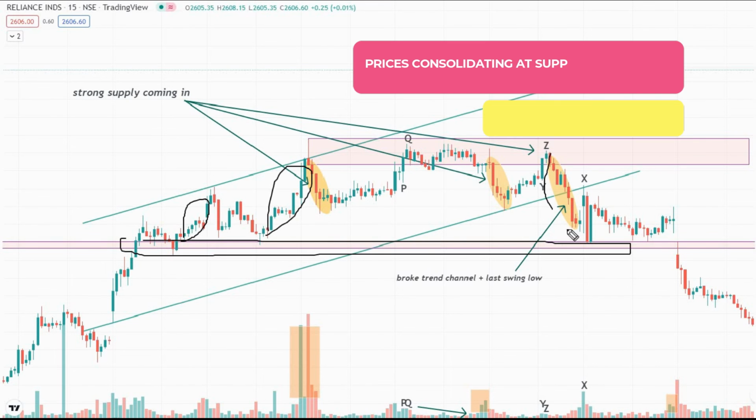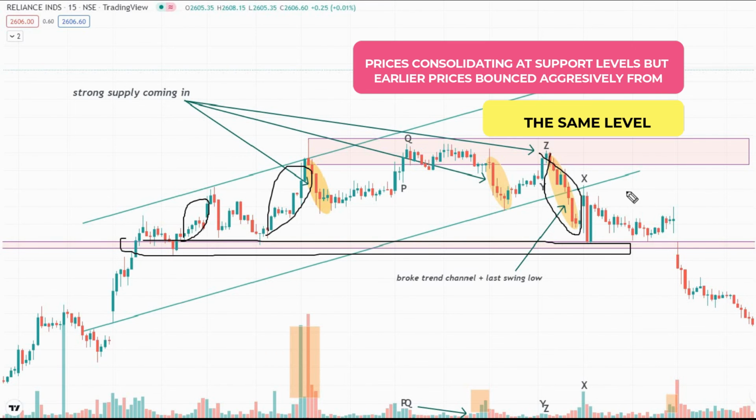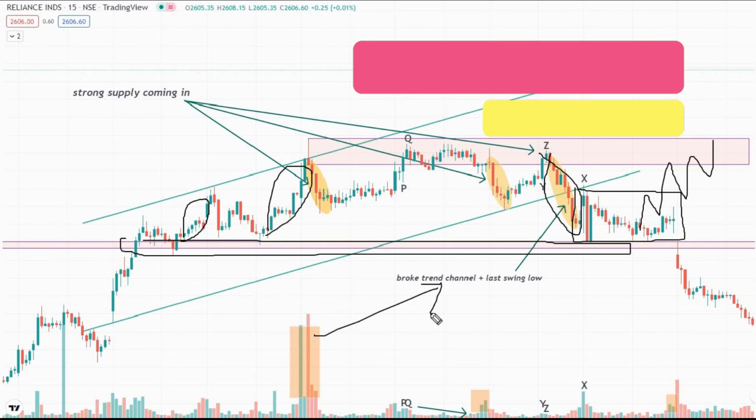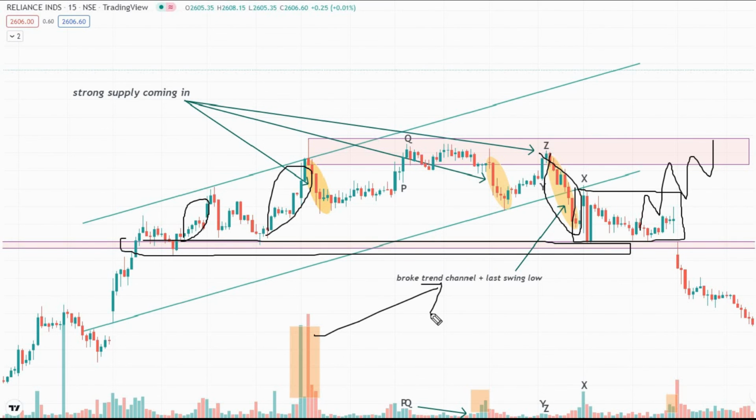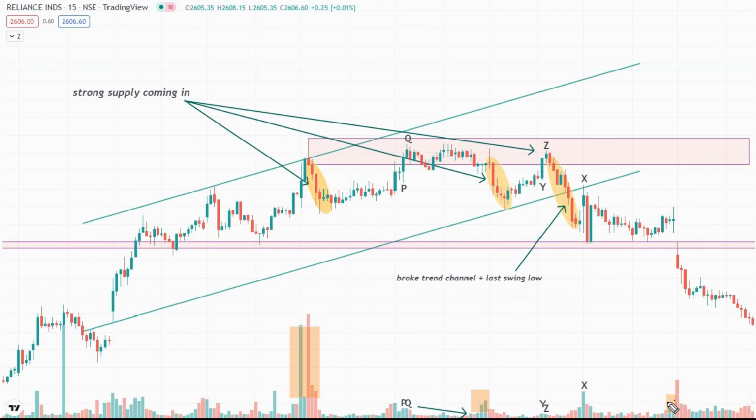After the strong selling pressure, prices are now consolidating and they are not able to make higher high, higher low formation and continue the overall trend of the market. So this is also an indication that buyers are losing control over the markets and sellers are getting very, very stronger.